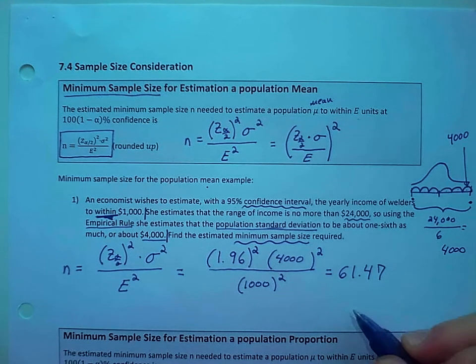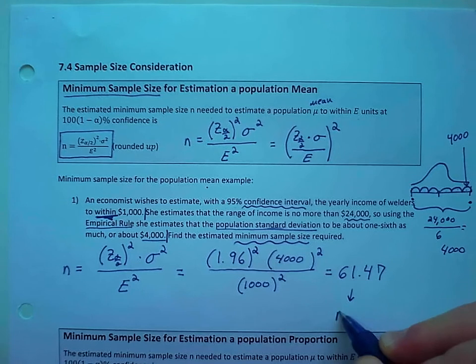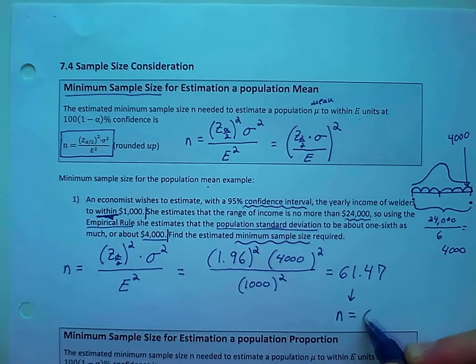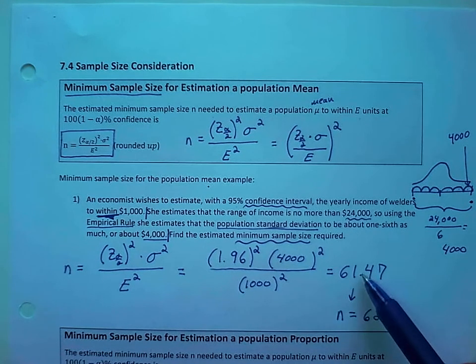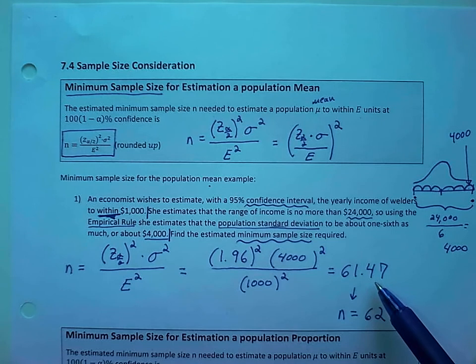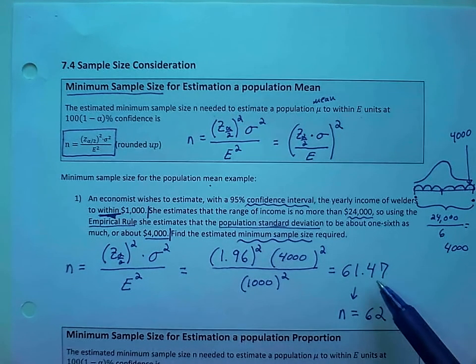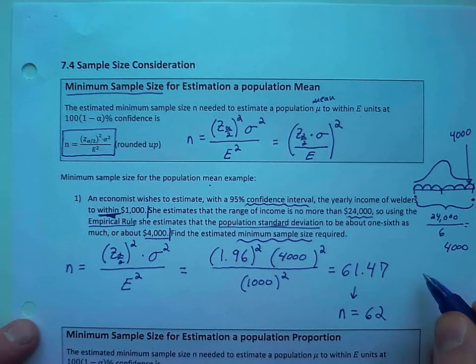So what we have to do is round up to 62 welders. Regardless of what the decimal place is, we always round up, because we're talking about a minimum.